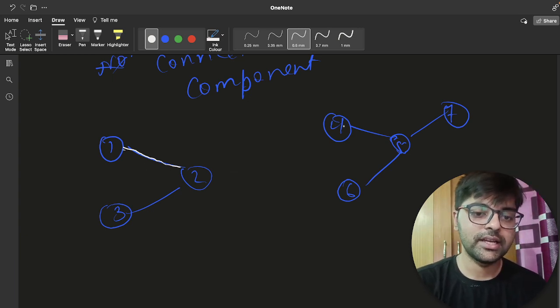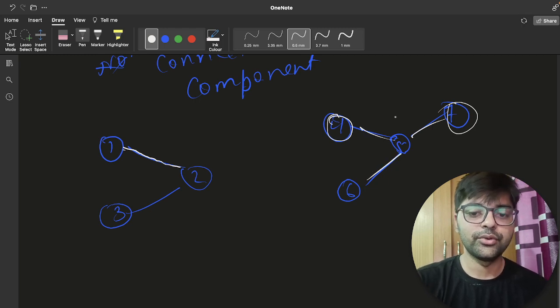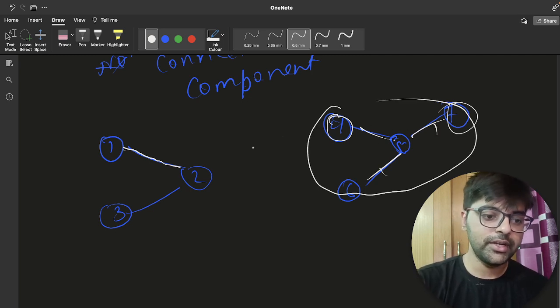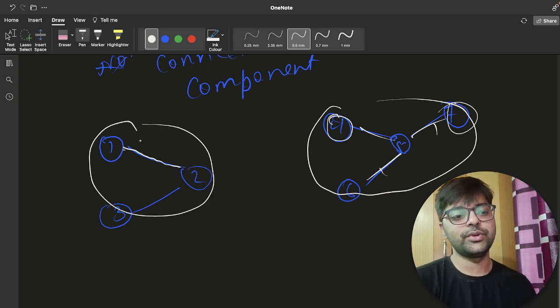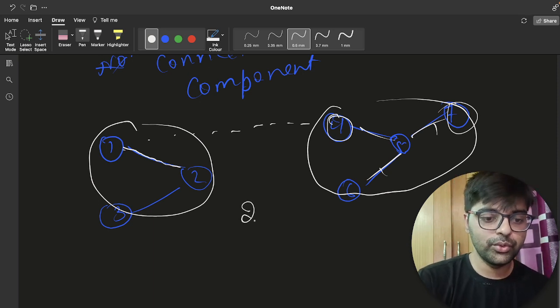Let's say we can travel between 4 and 7, and 6 and 7, using this path. Any two of these we can travel, but we cannot travel from 1 to 4 as there is no path or edges. So there will be two connected components here.